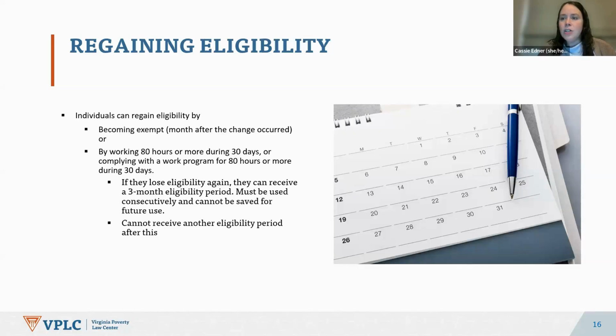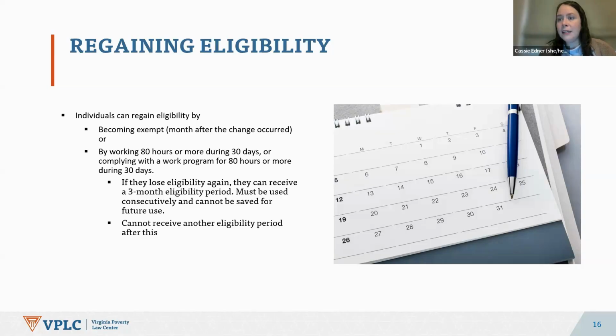be saved. So let's say you had someone who applied, they weren't working, they get SNAP benefits for 3 months, they lose eligibility. They start working at a job around the holidays when there's an excess need for individuals to work, and they work 80 hours or more during a 30-day period. They apply again, they're approved.